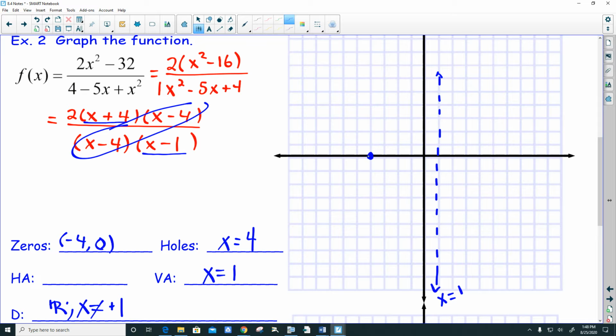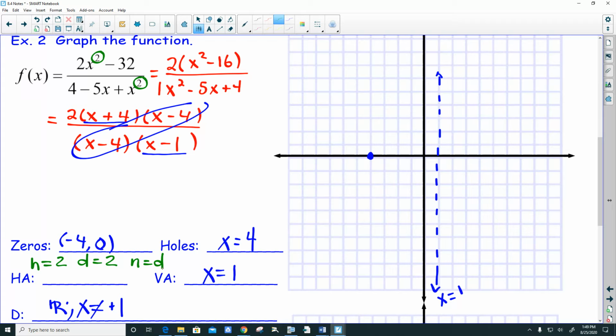All that we're left with now are the horizontal asymptotes. This is where we want to go all the way back to the problem before any factoring occurred. And you want to be careful because if you look at this closely, you'll notice the denominator was not in descending order. So we're going to say the numerator degree is 2, the denominator degree is 2. This is the scenario where the degrees are equal to each other.